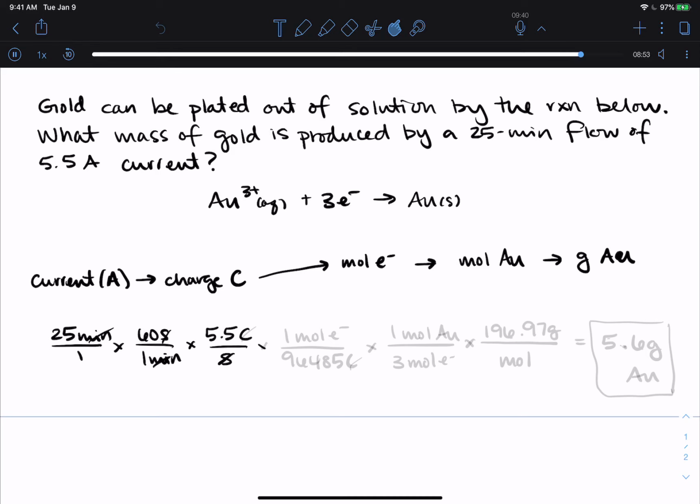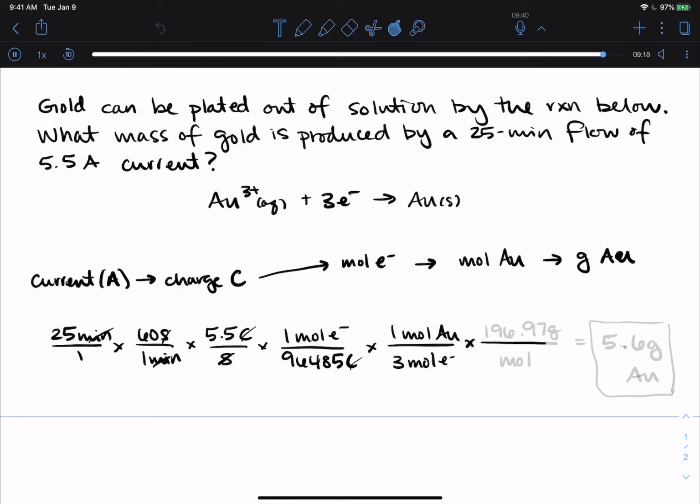I'm in coulombs, and I know that 1 mole of electrons has a charge of 96485 coulombs. So I'm in moles of electrons. For every 3 moles of electrons, I get 1 mole of gold.